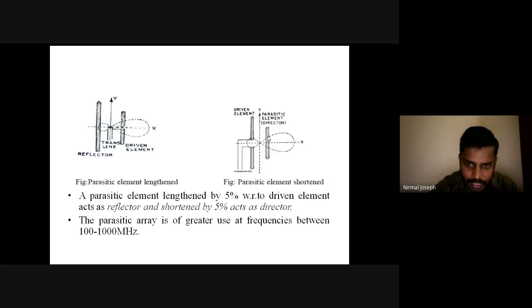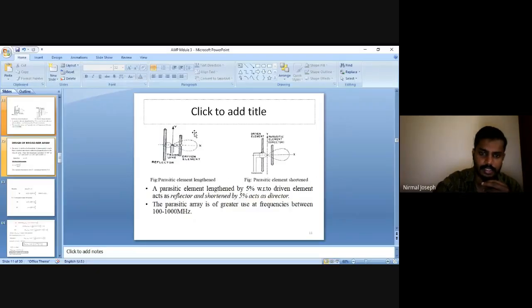So it can direct the electromagnetic radiation to this particular direction, so that the radiation pattern will be like this. The parasitic array is of greater use at frequencies between 100 to 1000 megahertz.